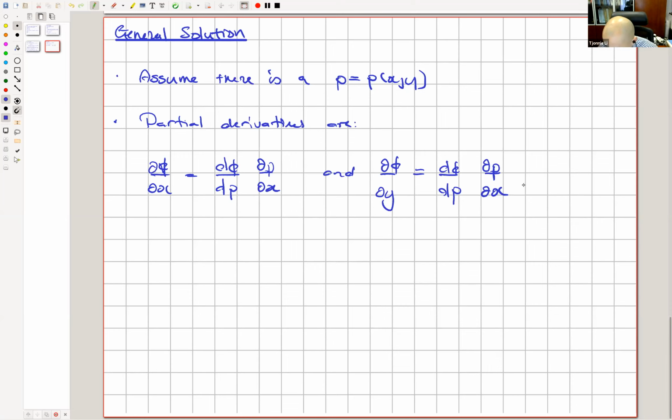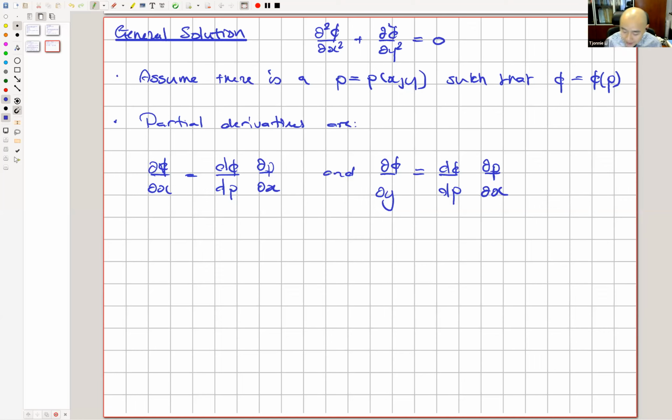Indeed, our assumption is that there's a p such that phi equals phi of only p. So given, again, let me write the Laplace equation up here. So it's partial phi partial x squared plus partial phi partial y squared equals 0.